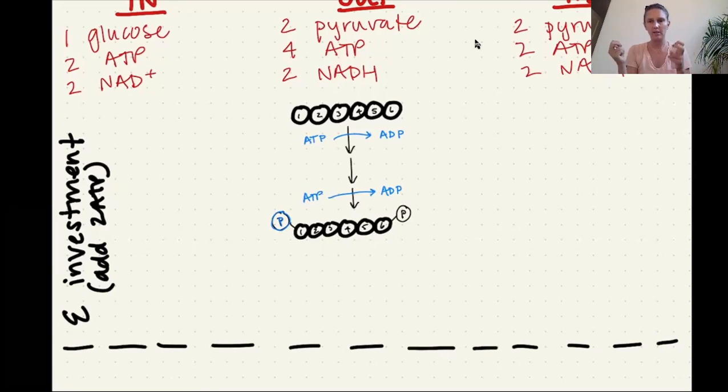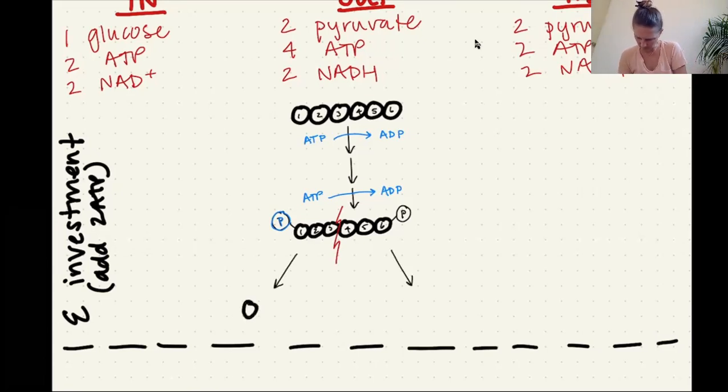The lysis, which is glycolysis, right? We're going to see that this molecule is going to get cut down the middle. Sorry, let me go back to black here. We're going to see this molecule now be split into 2 3-carbon sugars.